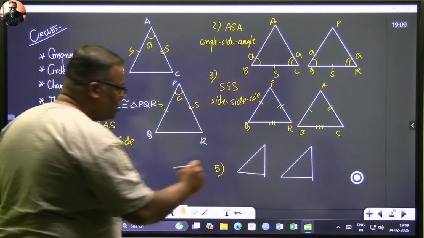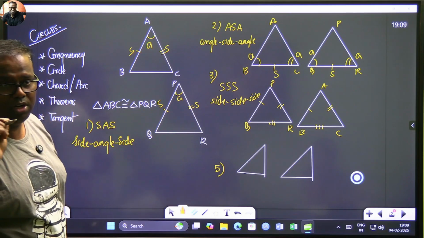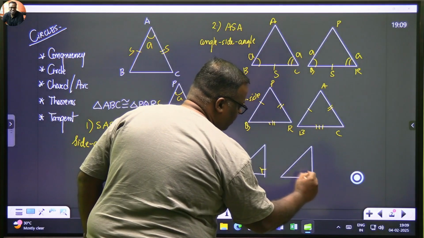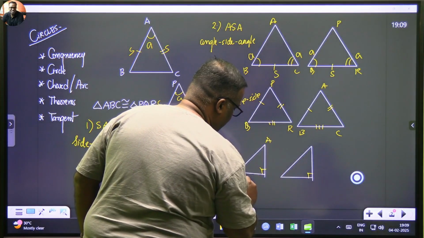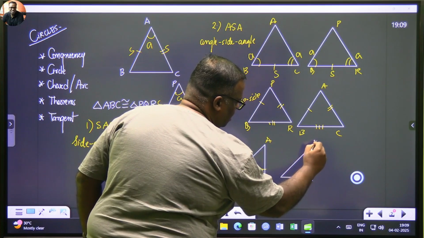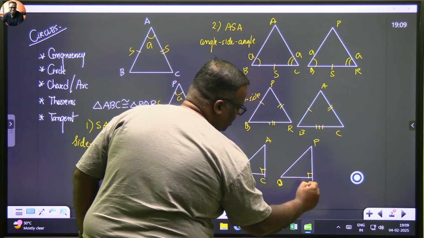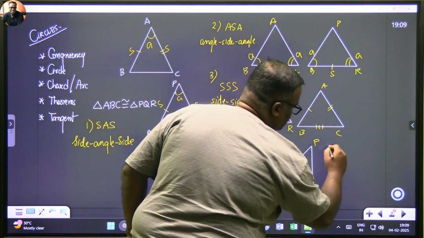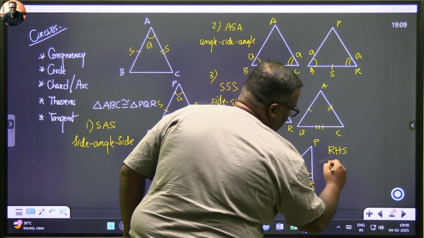Okay. Now this congruence criteria is specific for a right angle triangle only. Only for right angle triangle. Let's say this is ABC and this is PQR. This is known as the RHS congruency. RHS.